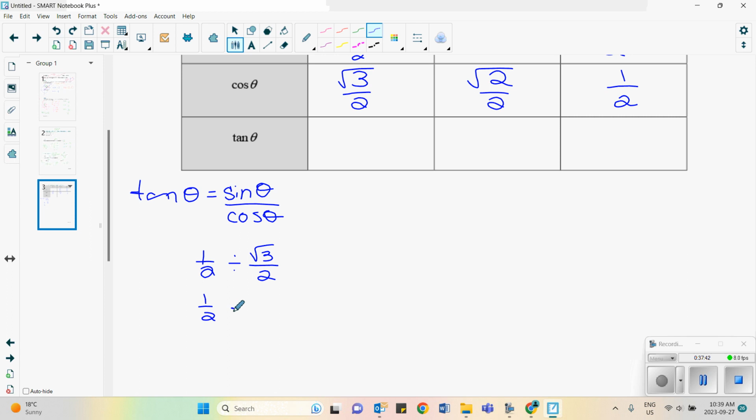So 1/2 times 2 over root 3 gives me 1 over root 3. Smallest angle, smallest fraction.